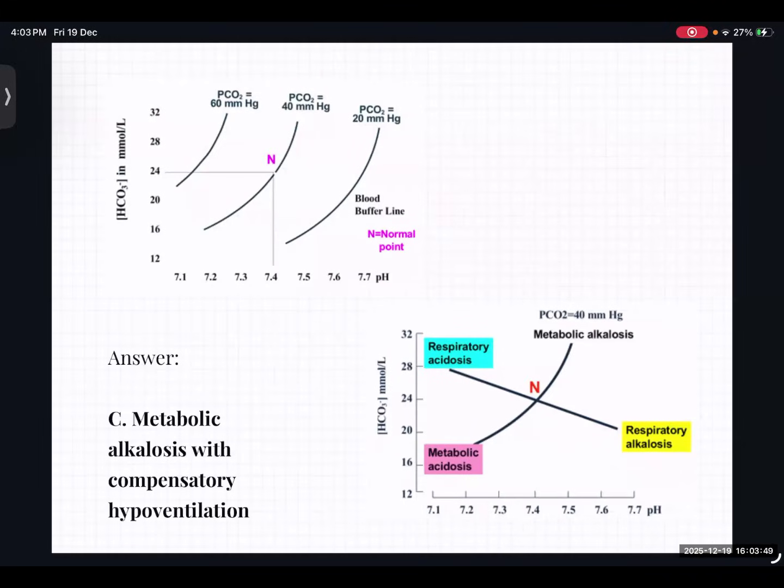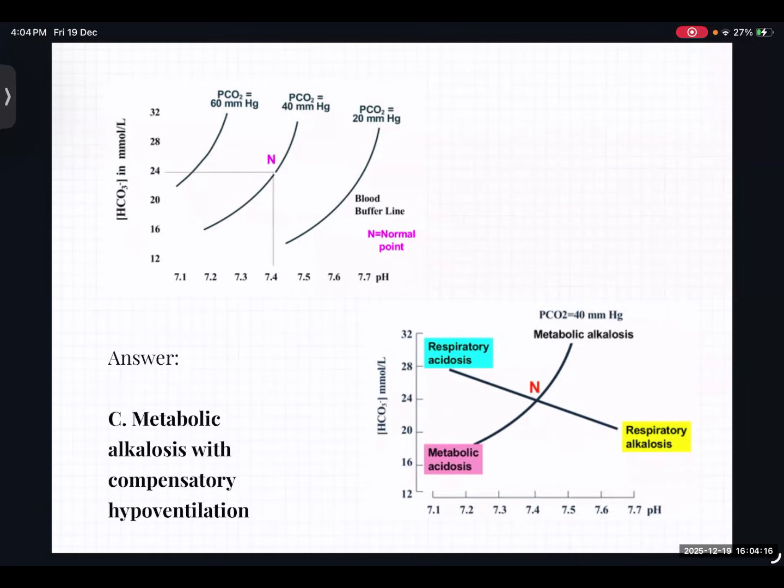And let's just quickly describe how these questions are, because 100%, you're going to get a question from this type of concept. First thing we need to assess is this curve, which is bicarbonates against the pH level.